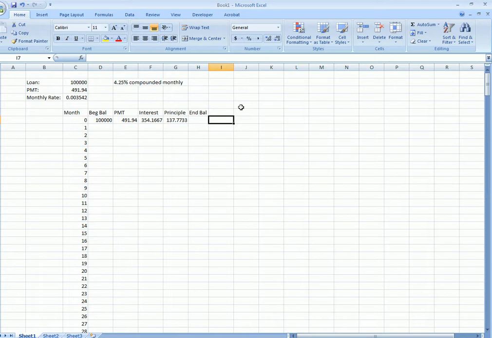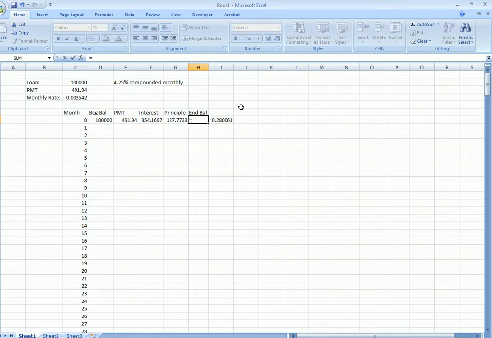Now one thing I can do is say, what percentage is this of my total payment? And you can see that only about 28% of my payment for the first month goes towards principal alone.